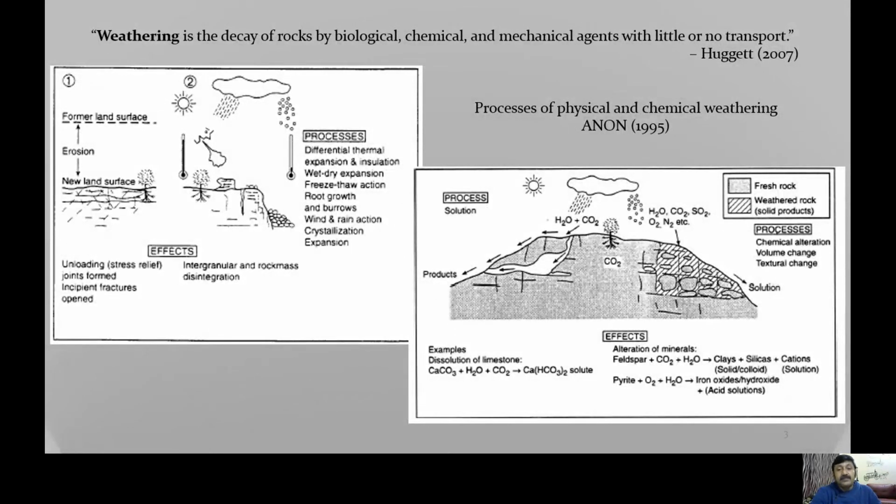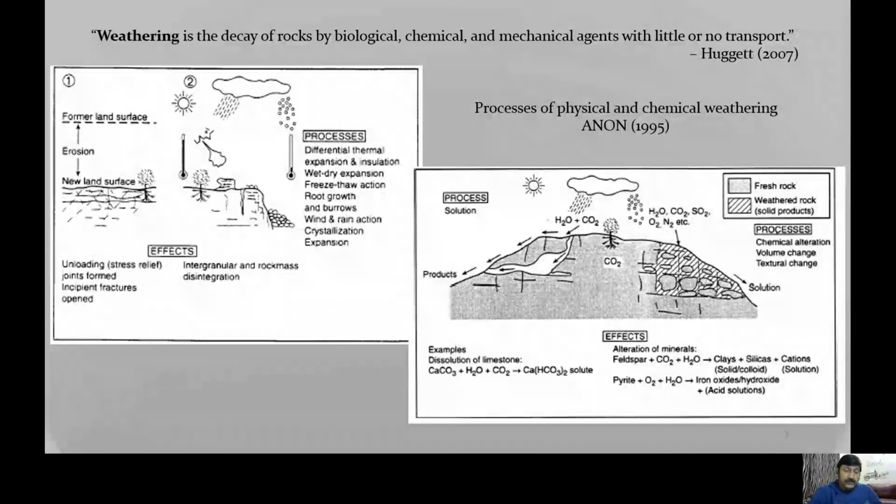Just for an example, feldspar gets altered to some clay minerals. Now, when we talk about these two weathering processes, it does not mean that they are standalone processes. They go hand in hand most of the time, unless it is a very, very extreme climate.